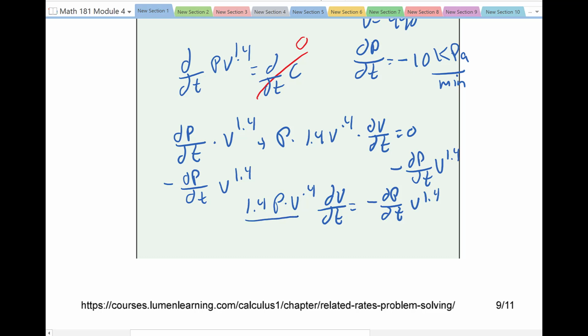So we divide both sides by 1.4 P times V to the 0.4. I thought this was really interesting here, this V to the 0.4 and the V to the 1.4 are the same base, so we can subtract the powers, and that's just a power of 1. Okay.